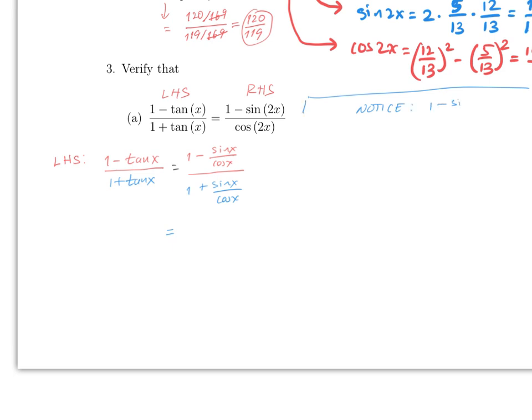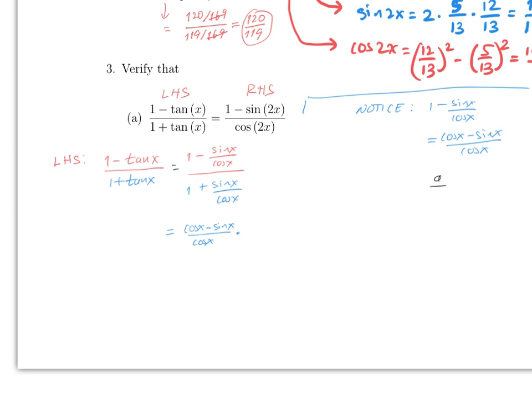1 minus sine x over cosine x is the same thing as cosine x minus sine x over cosine x. So therefore the top is going to give you cosine x minus sine x over cosine x. Then remember that to divide fractions, you multiply by the reciprocal.